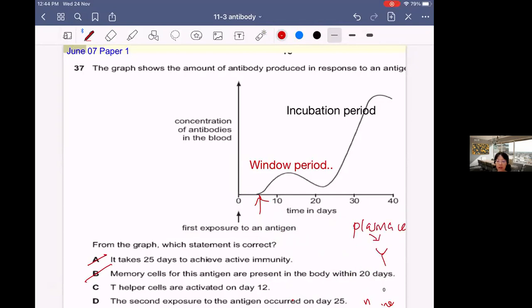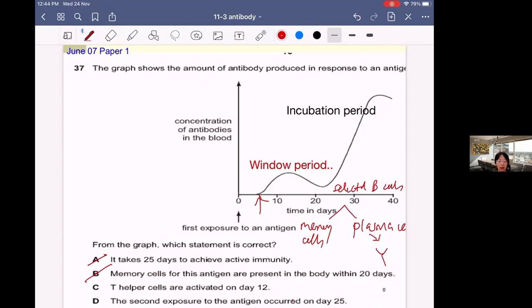If plasma cells are there, the memory cells are also there, because they are produced together by differentiation from the selected B cells. So you have to move backwards.